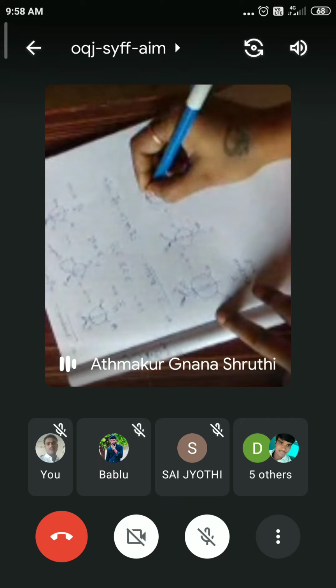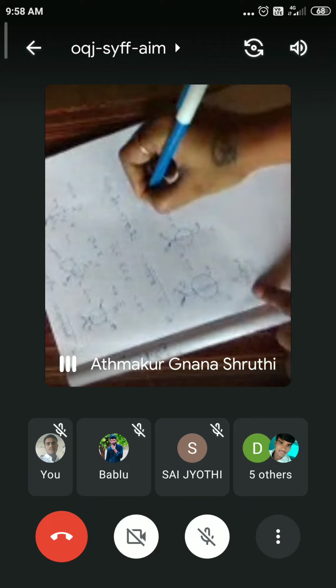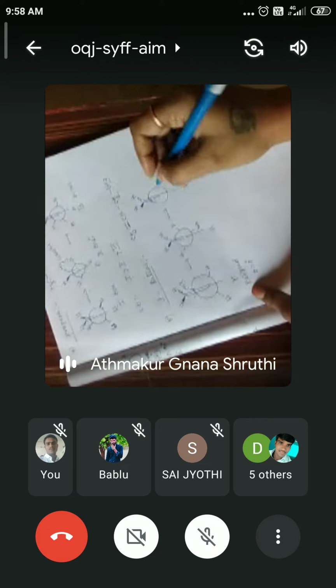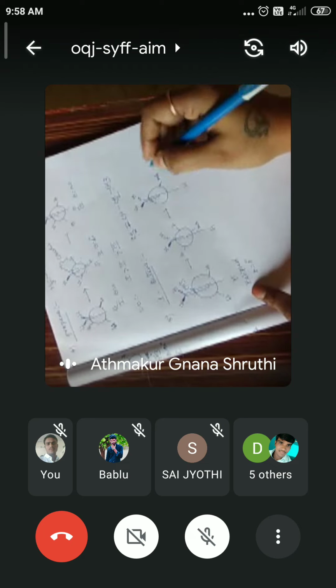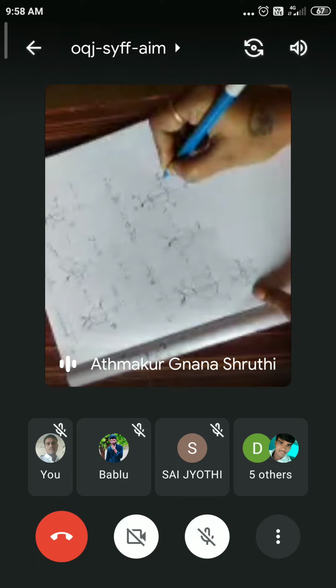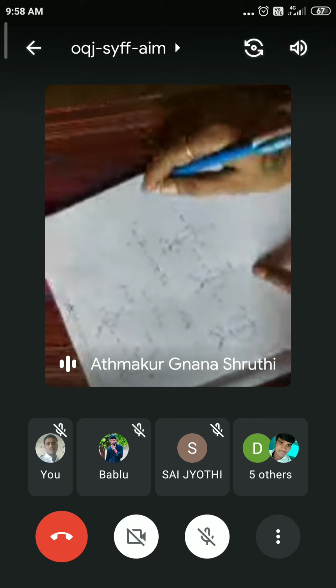Saturated compounds and unsaturated compounds, just to write the conformations only. That is all you have to do in the exam. Methyl group, the hydrogen. Now this one goes to each other. Then the last structure.